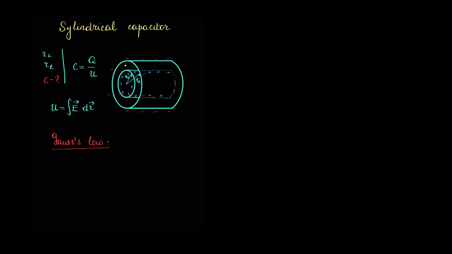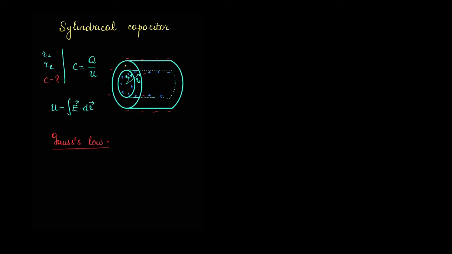If there is no symmetry, then Gauss' law is useless, right? Because there is an integration, and if you can find a surface such that the electric field strength is constant on that surface, then this law gives you a chance to find the electric field strength in a very easy way.